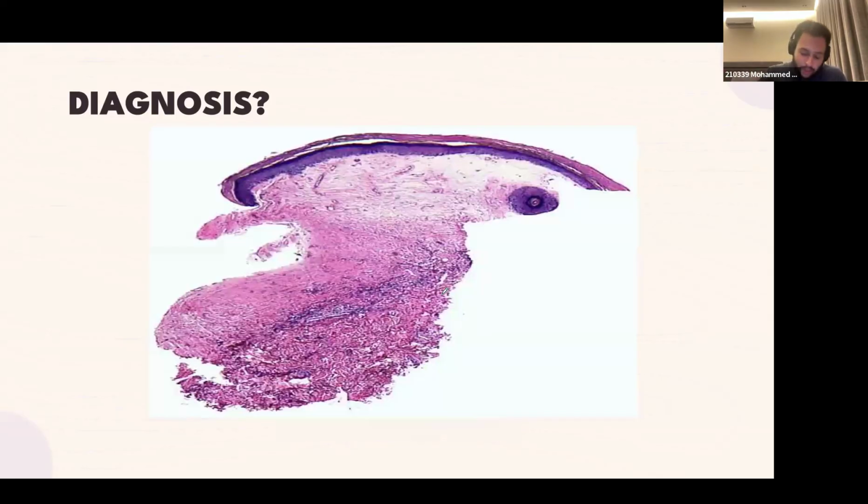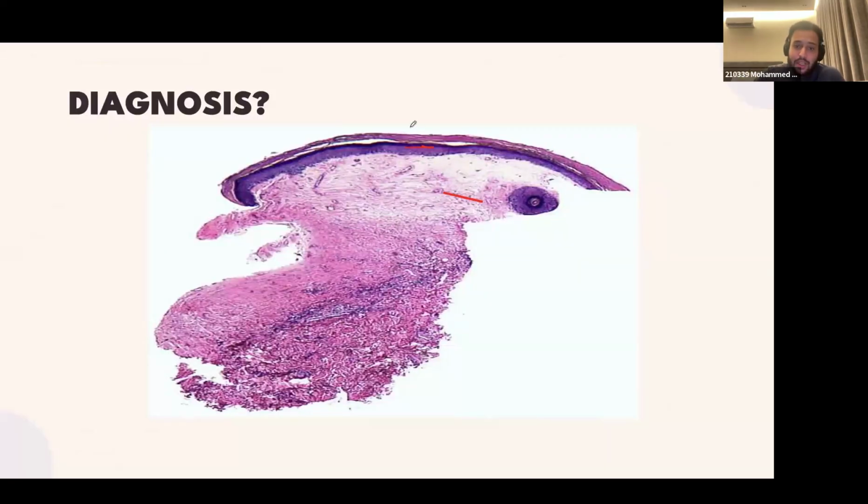Okay. Now we have 2 important diseases. This patient is a postmenopausal woman and complains to you of scaliness of the skin. This is lichen sclerosus. Excellent. Now, lichen sclerosus is due to atrophy, usually. So what do you see?